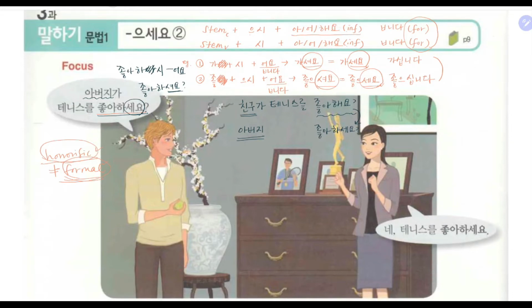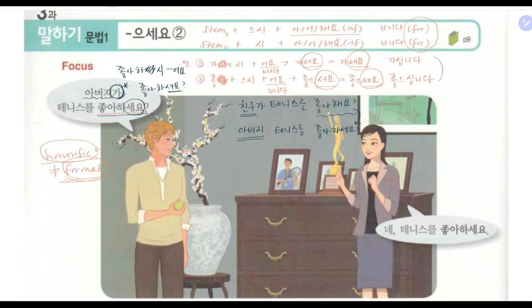자, so Andy says 아버지가 테니스를 좋아하세요. However, he showed about 80% of respect only because we need to change this, isn't it?